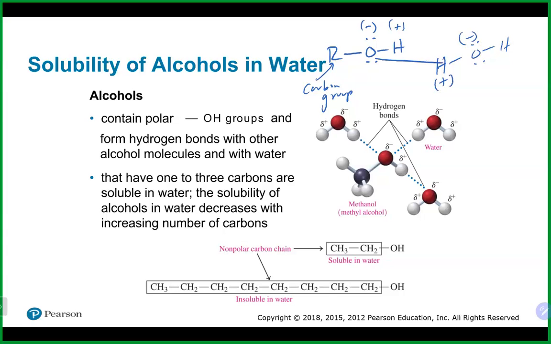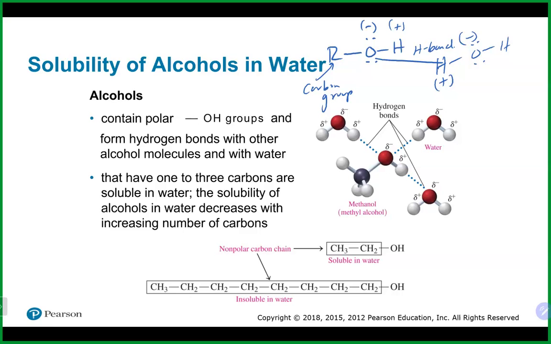So they use hydrogen bonding with themselves, so they're able to hydrogen bond with water. That makes it very, very soluble. As I mentioned before, though, as the number of carbons increases, usually about 5-ish or more, you really do start to see the solubility start to decrease with water.